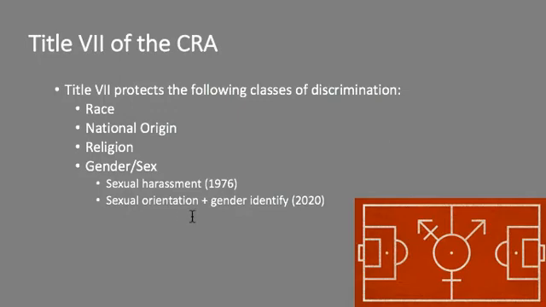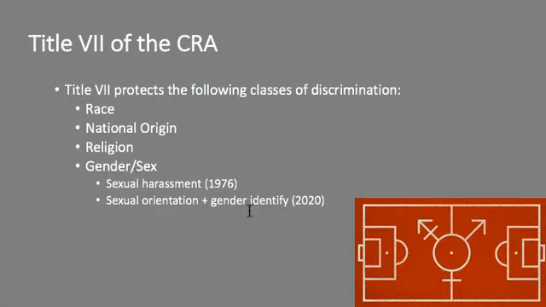And then a more recent expansion actually is just this past year in 2020. The Supreme Court actually heard a case of discrimination in the workplace based on sexual orientation and gender identity. And they determined that these two classifications also fall under gender and sex under Title VII.